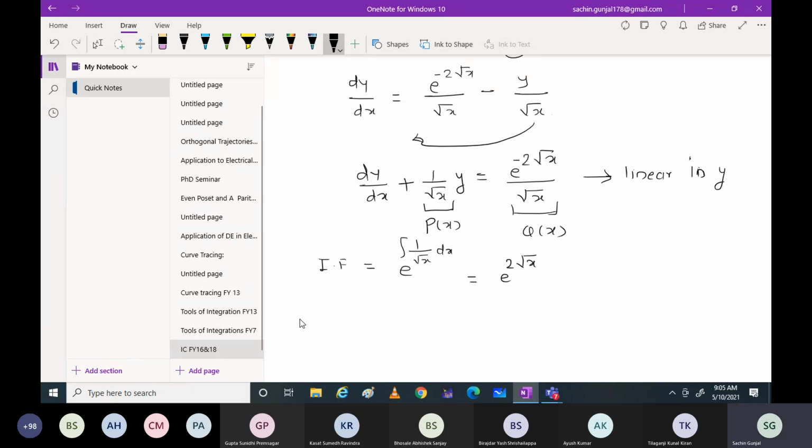Okay, and solution is y e to the power 2 root x is equal to integral e raised to minus 2 root x upon root x into e to the power 2 root x dx plus c.